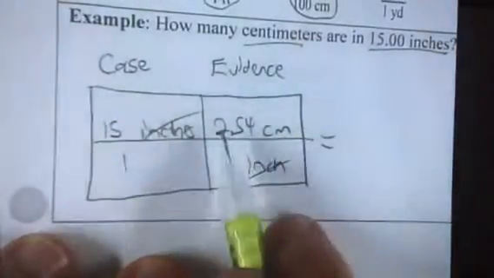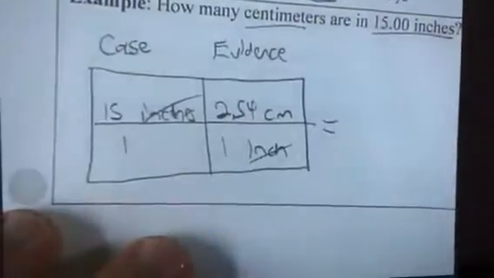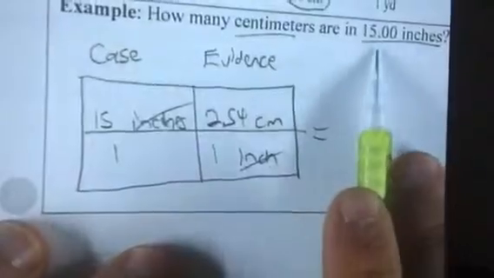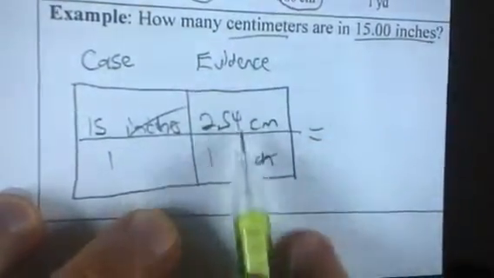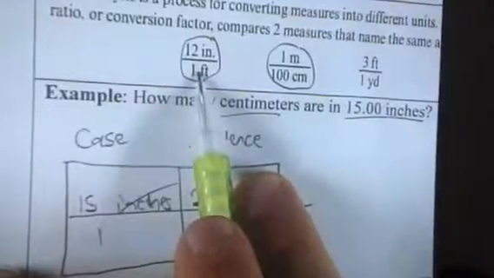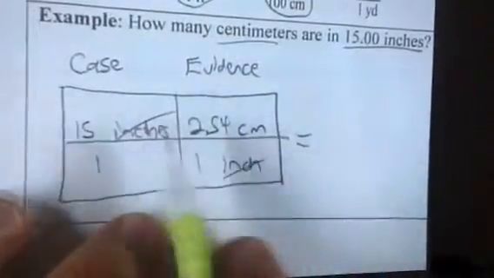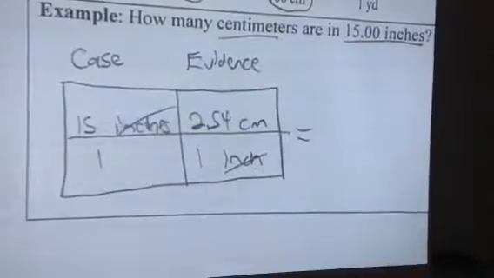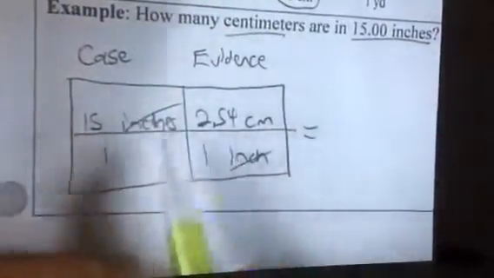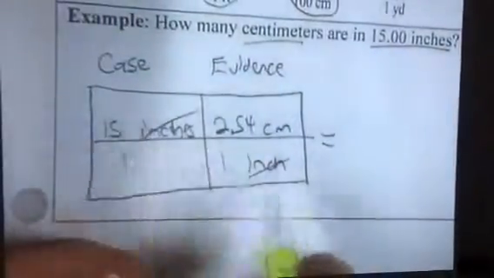This case and evidence box is basically just a way of keeping track of all of this. My case is always what's being converted, and then my evidence is my unit ratio, or my conversion factors. I call it case and evidence just because it's an easy way to remember it, but it's the same thing as this unit ratio or conversion factors. So those inches have canceled out.